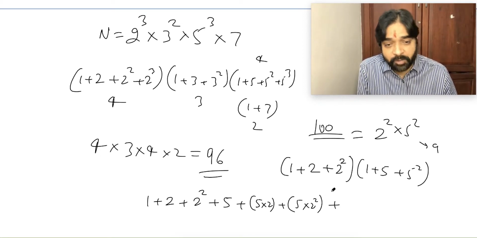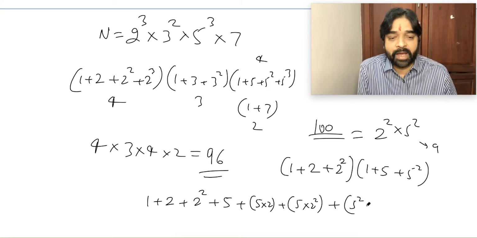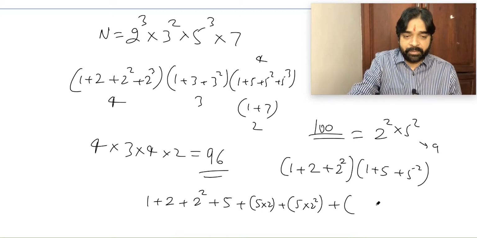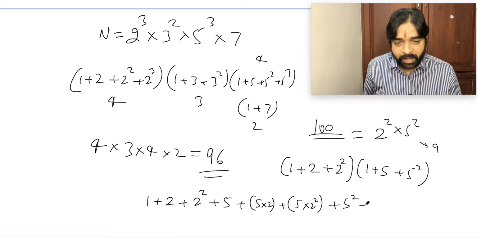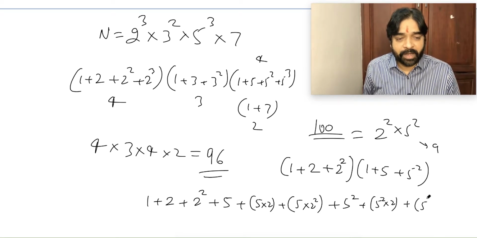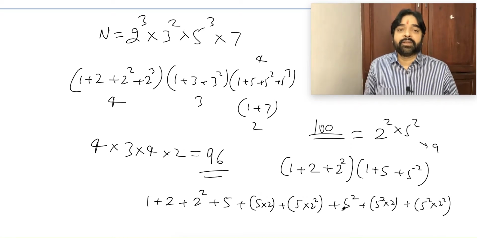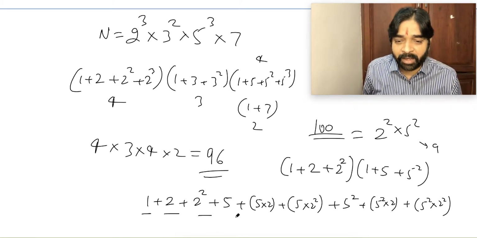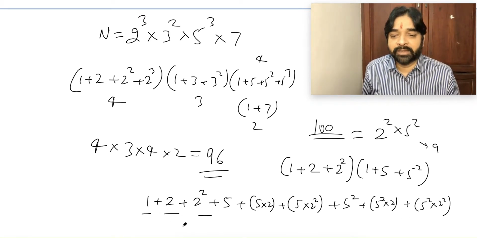Now 5 square is coming inside: 5 square plus 5 square into 2 plus 5 square into 2 square. See, every factor came or not. All factors are there: 1, 2, 3, 4, 5, 6, 7, 8, 9.